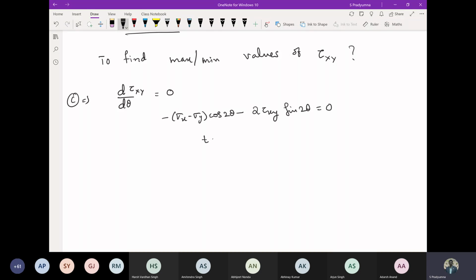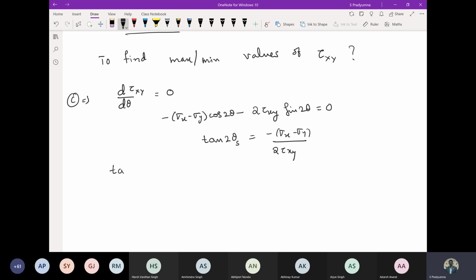Therefore, I can say tan 2 theta is equal to minus of sigma x minus sigma y divided by 2 tau xy. So I call this the plane in which you get the maximum or minimum values of tau xy. We call them the principal shear direction or shear plane. So I call this theta s, tan 2 theta s.